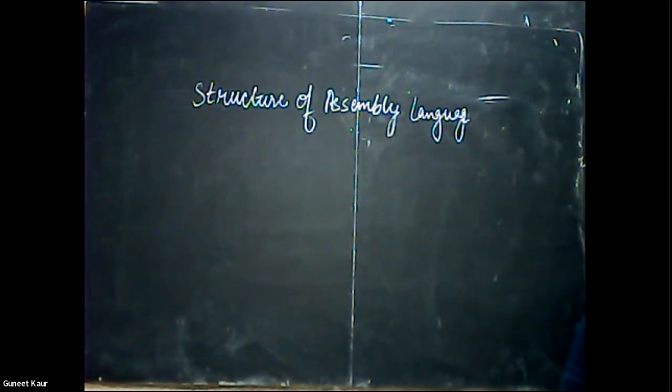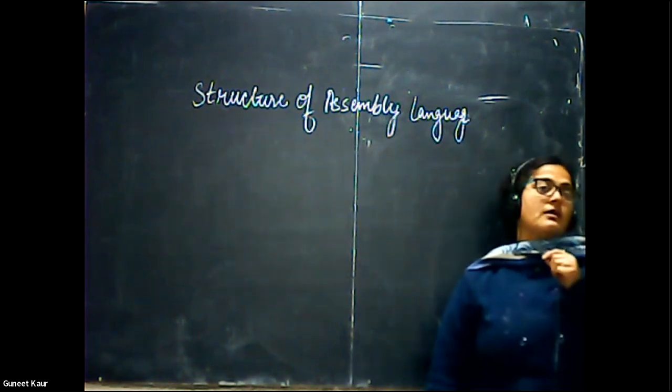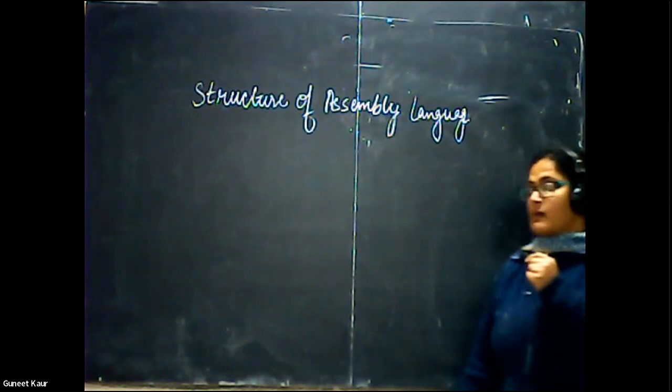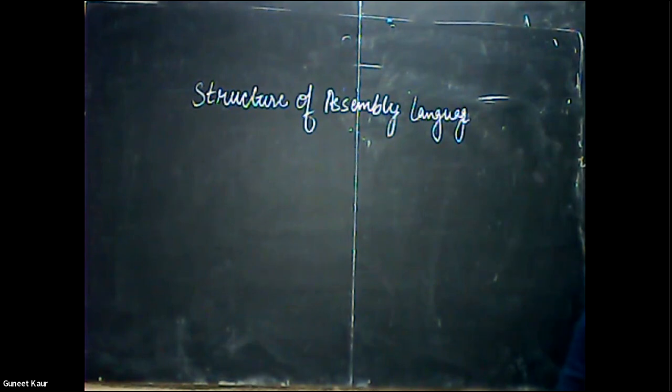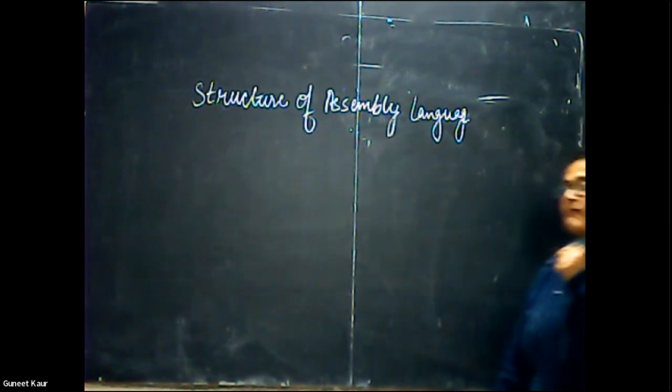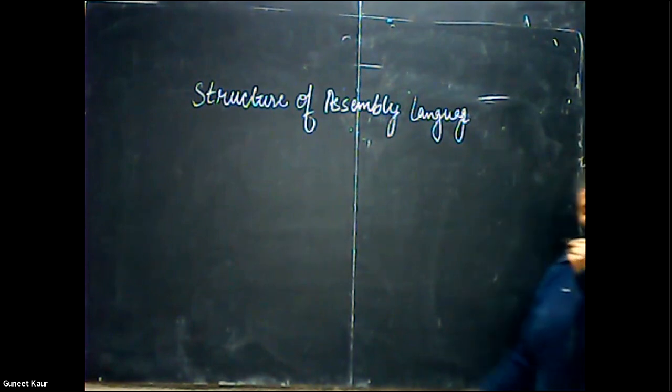the programmers coded into machine language in the form of zeros and ones, and that method was tedious, slow, and prone to error, because data written in 0 and 1 form can't be understood. So the solution for that is we used assembly language, which provided mnemonics.